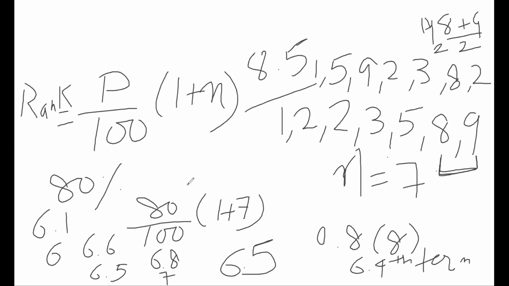So 8.5 would be our 80th percentile. So 8.5 is the value for which 80% of numbers are below it and 20% of numbers are above it. So this would be percentile.